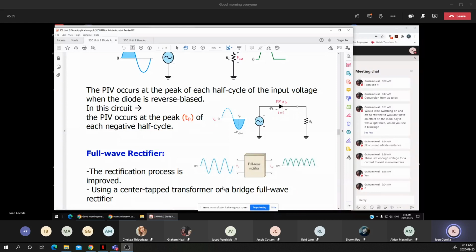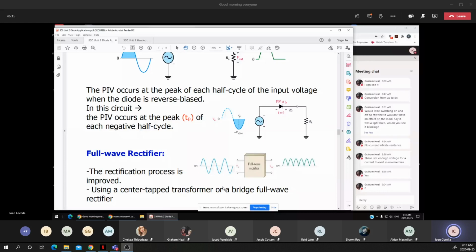Not the forward bias. In forward bias, we know that the voltage is 0.7. The highest stress in forward bias is in terms of the current. That means we have to make sure that the load resistance is not lower than a certain minimum, because it limits the maximum current that can flow through the circuit.